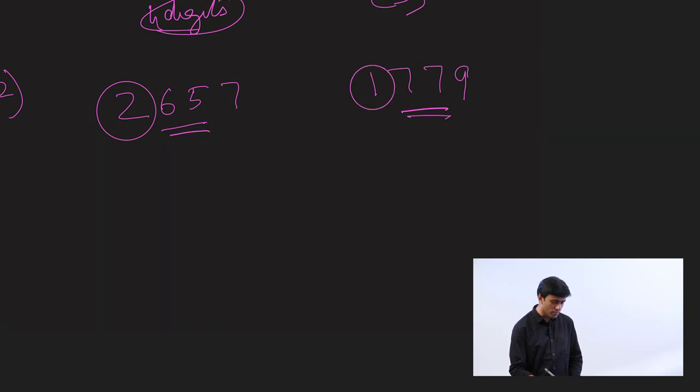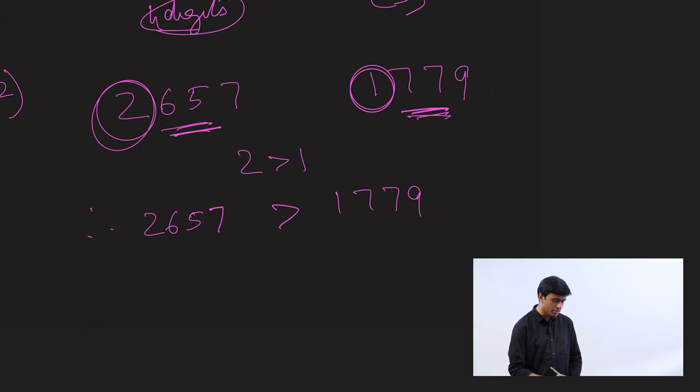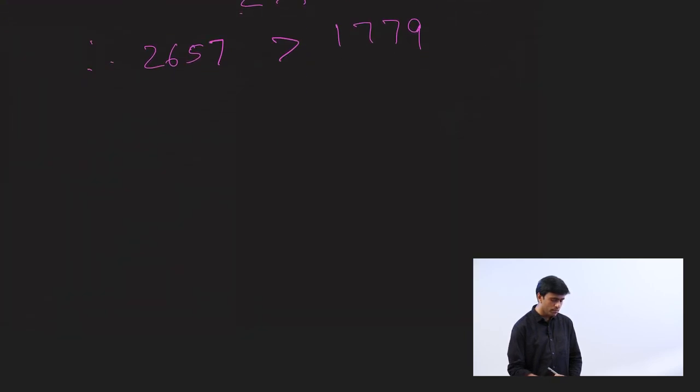Left extreme of this number is 1. You compare 2 and 1. The number having the greater digit is greater. 2 is greater than 1. Therefore, 2657 is greater than 1779. Remember, when you have the same number of digits for both the numbers, you compare the left extreme digit, and whichever is greater would be the bigger number. That's rule number 2.